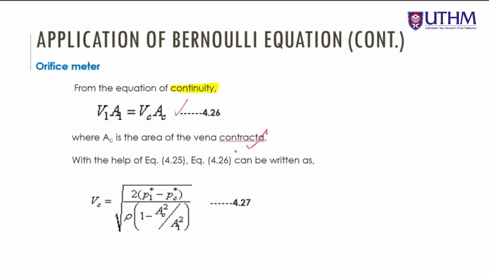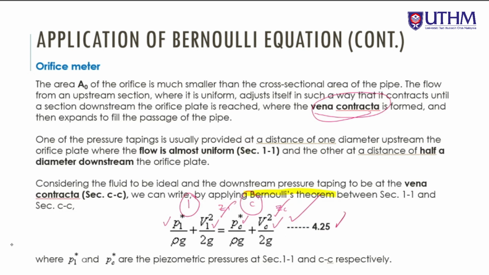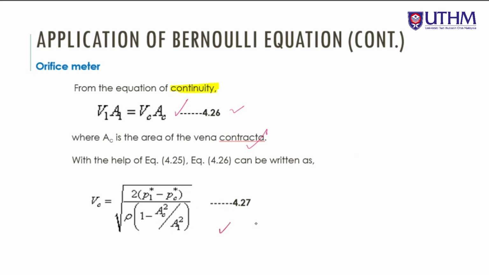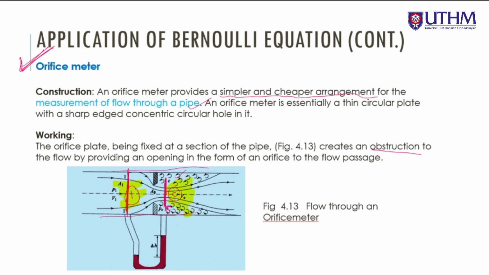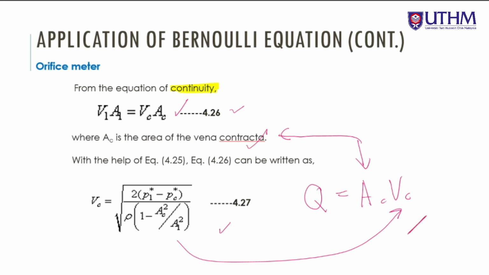Then we rearrange and combine both 4.26 and 4.25, and we will get this VC. Hence, how do we calculate the volume flow rate? Q equals AC VC, in which VC is this one, and AC is the area of the vena contracta. It will usually be given in terms of diameter or radius, and we convert it later. Okay, so that is all for this chapter.